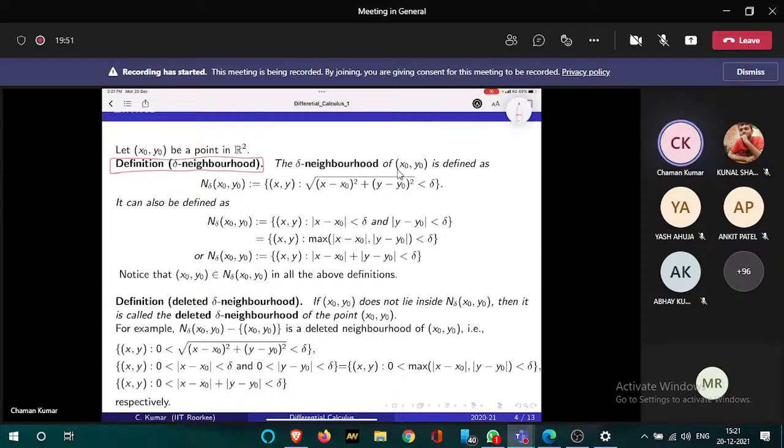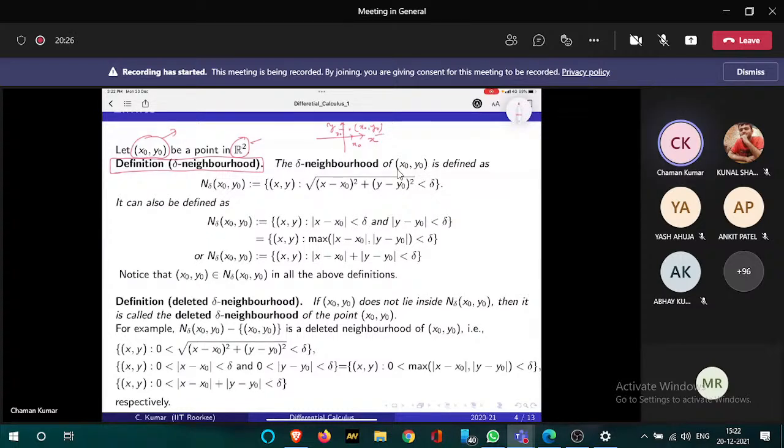So let us consider a point x naught, y naught in R2. R2 means you have the x axis here and the y axis here. When you say x naught, y naught is a point in R2, you take x naught on the x axis and y naught on the y axis, so this point will be x naught, y naught.